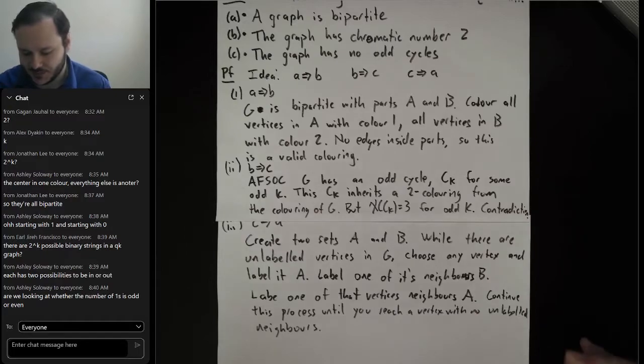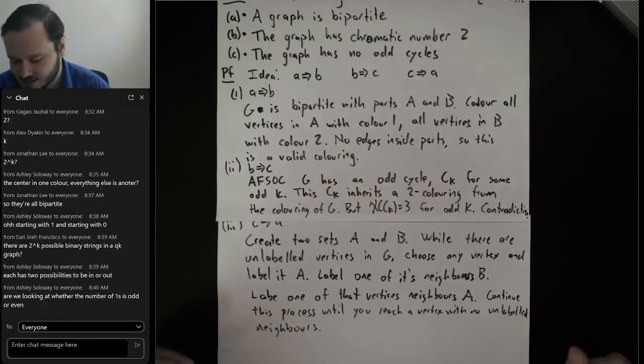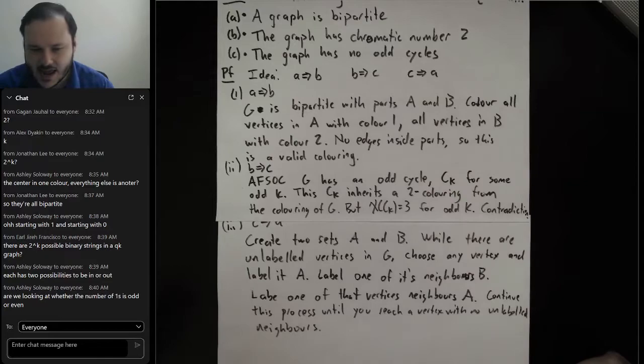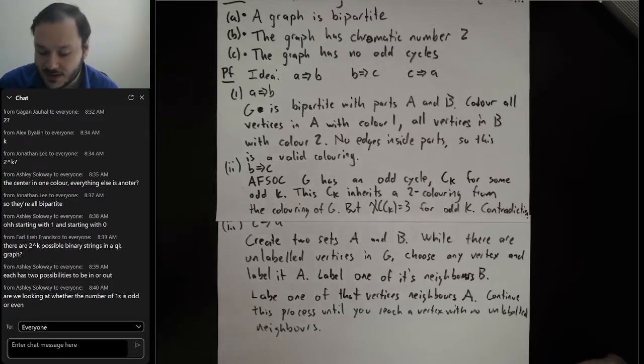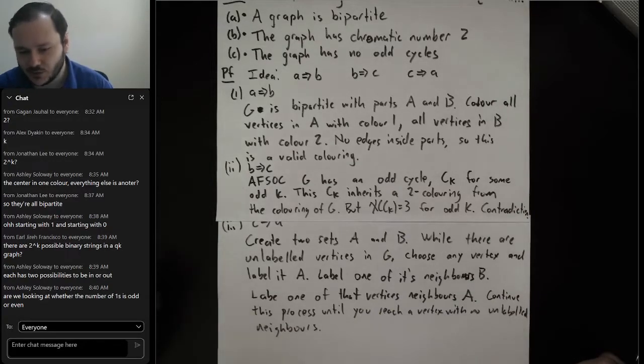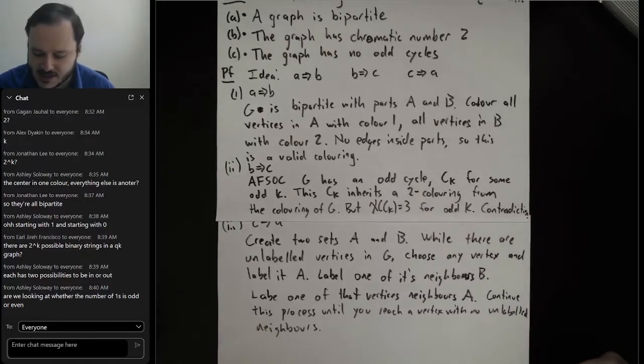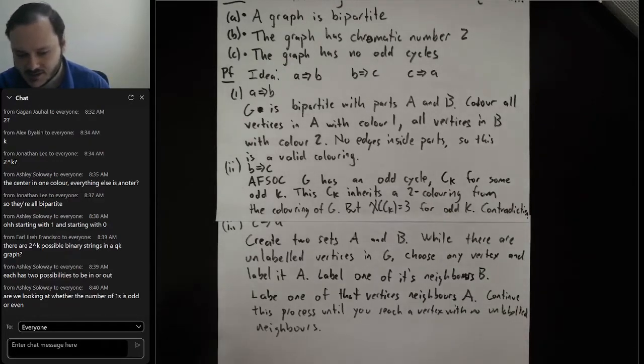That's fine. But it can't be the case that any vertex labeled B has a neighbor also labeled B. It also can't be the case that any vertex labeled A has a neighbor that's also A, because either of those would give an odd cycle.